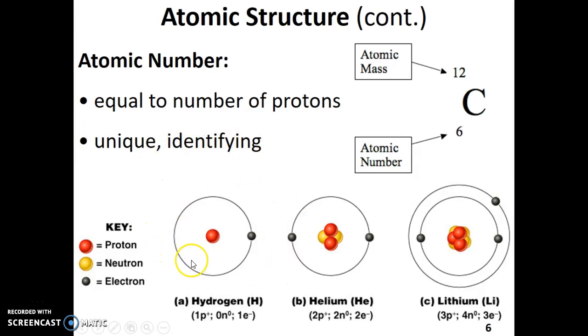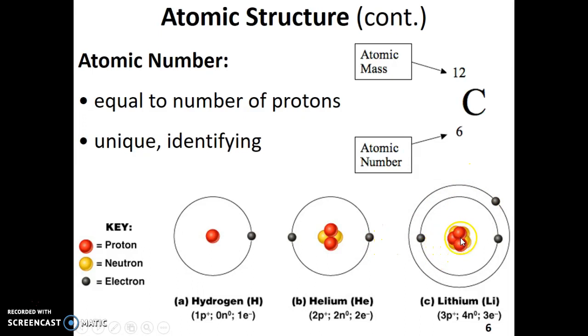Here we have hydrogen. Hydrogen has 1 proton and 1 electron, no neutrons. Here we have helium, 2 protons, 2 neutrons, and 2 electrons. So it's going to have a mass of 4, but it's going to have an atomic number of 2, and it'll have 2 neutrons. And then here's lithium.